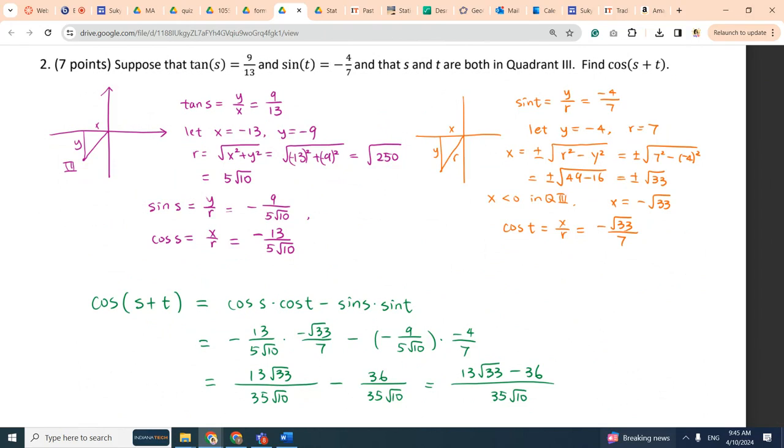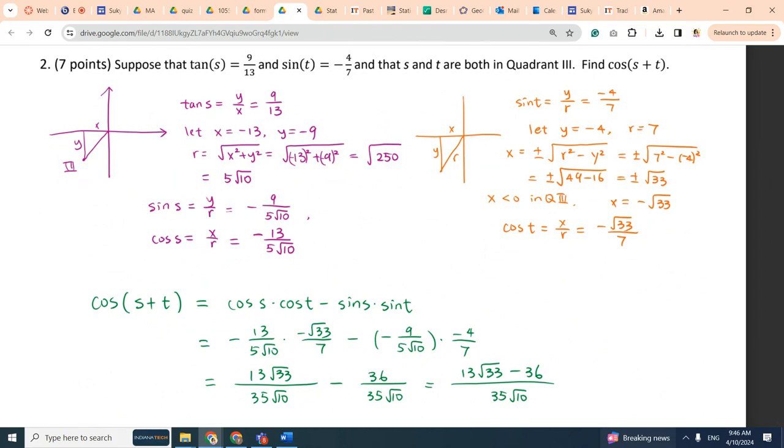And your sine x is y over r, so you get negative. Many of you put positive, no, your x and y are both negative. And then here, you have your y and r, and then you find the x, because in quadrant 3, your x is negative. So you also get cosine t.